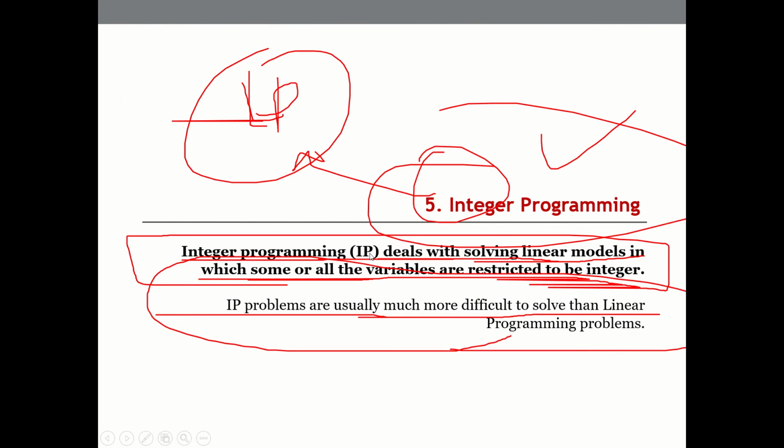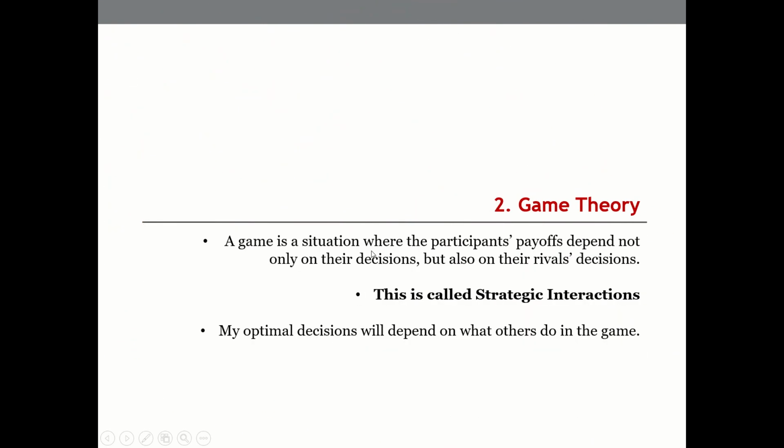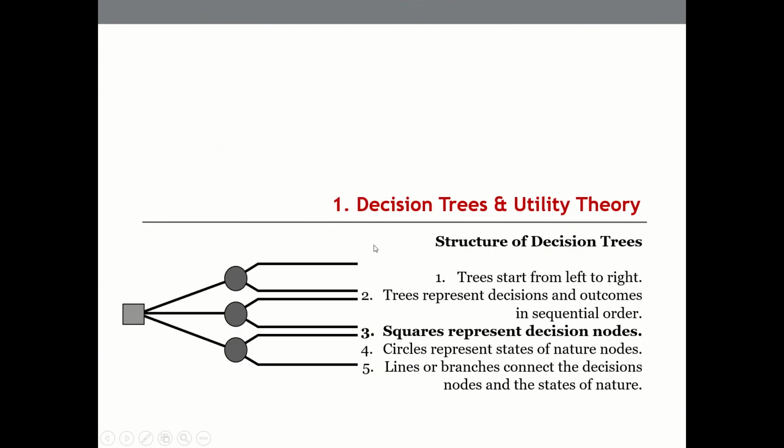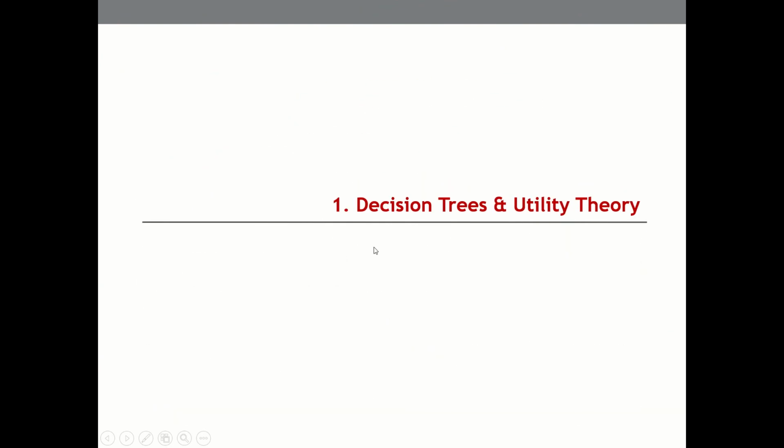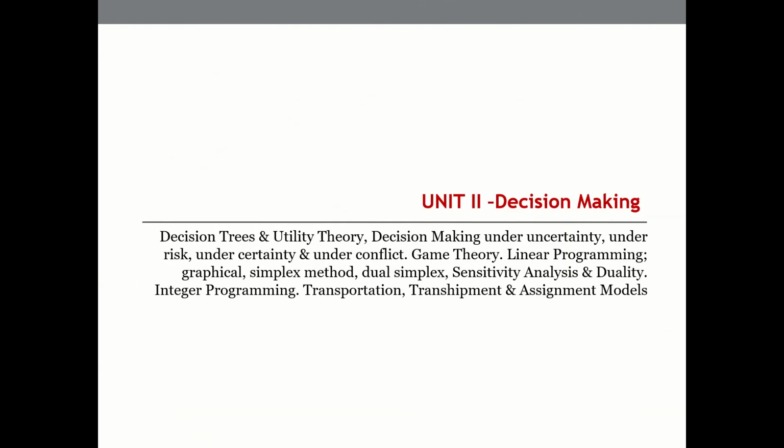These keywords are there in your syllabus, and that's why I'm discussing all this from the keywords that I put up in your syllabus. All right, I think with this I'll stop my discussion.